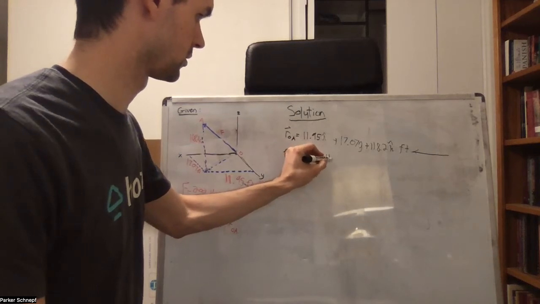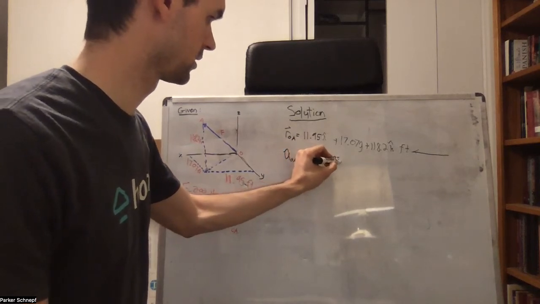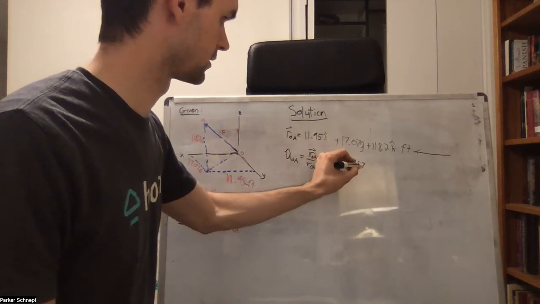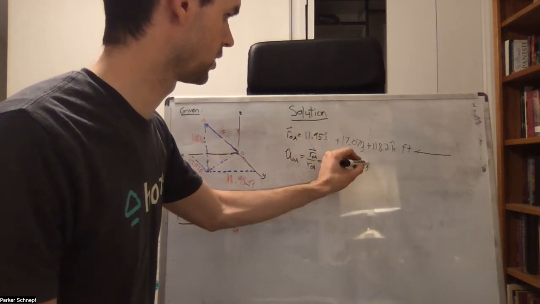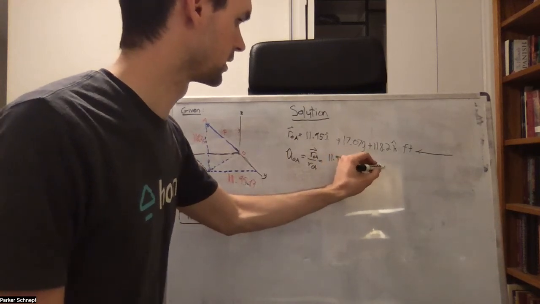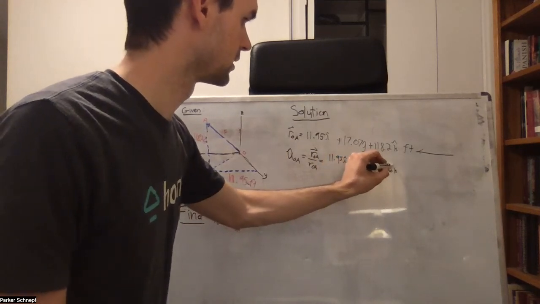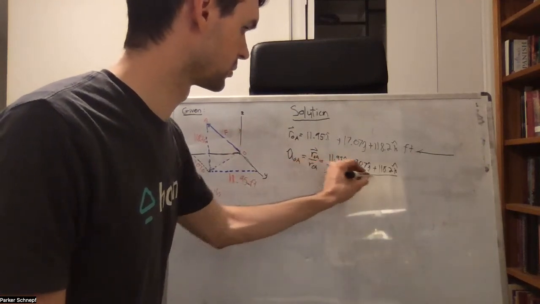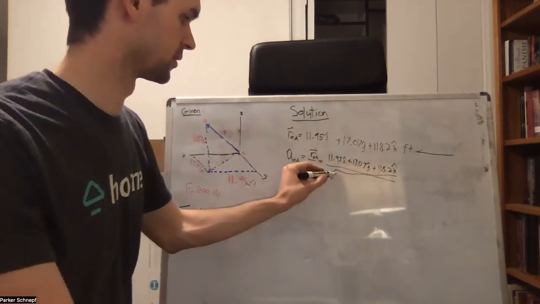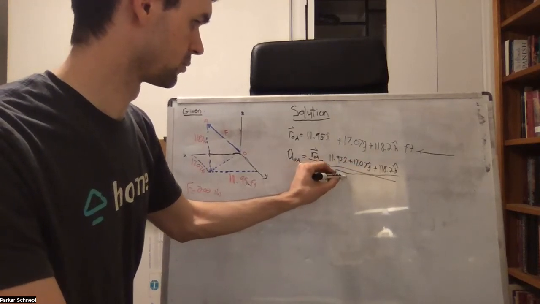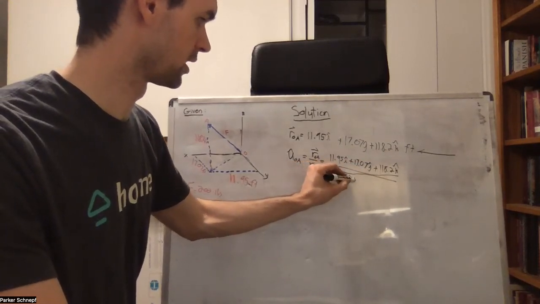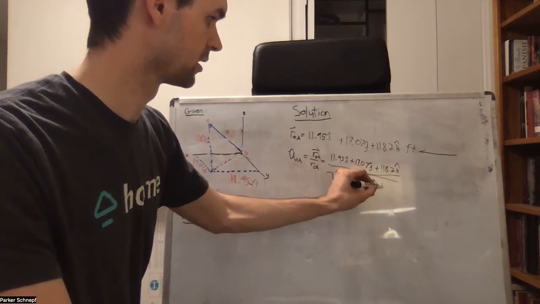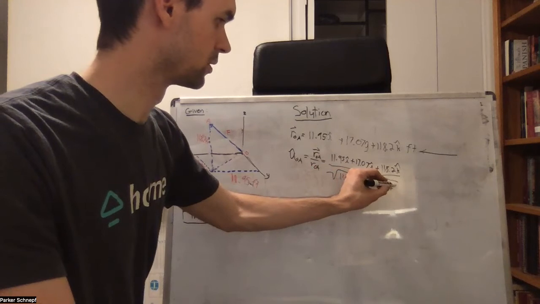So the 11.95 in the numerator, and then 17.07 y plus 118.2 in the z, all divided by the magnitude. It's just going to be the square root of the sum of the squares. So the square root of 11.95 squared plus 17.07 squared plus 118.2 squared.